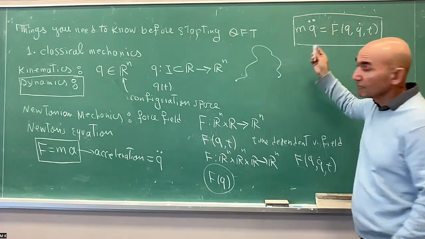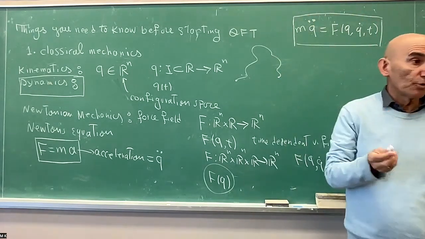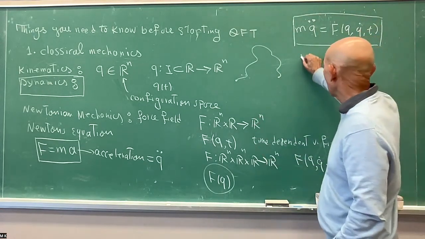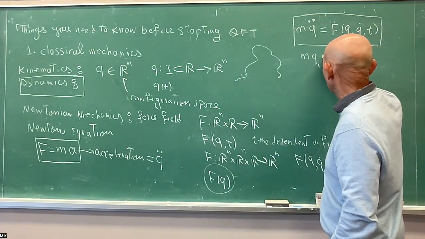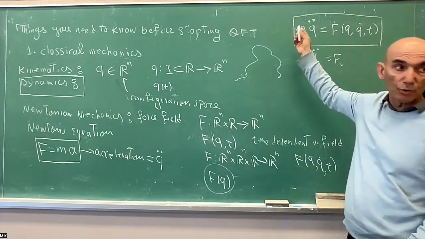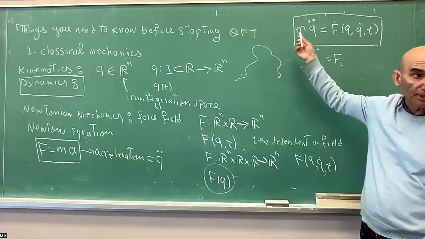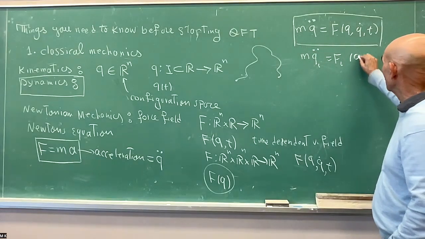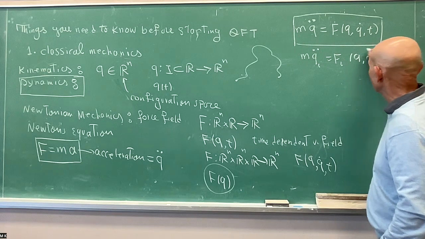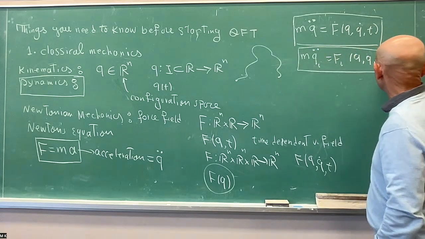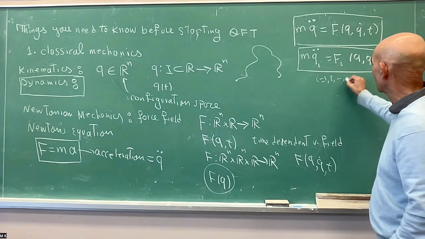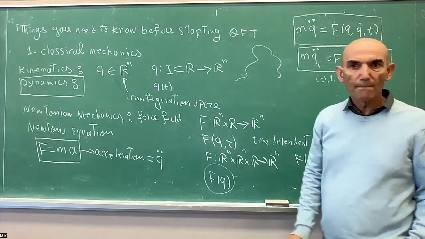Now, you have to realize, of course, this is not one equation, this is a system of equations, right? So this is really m qi double dot equal to fi of q, q dot, and t, because it has to hold for each coordinate, for i equal to 1, 2, and so on.